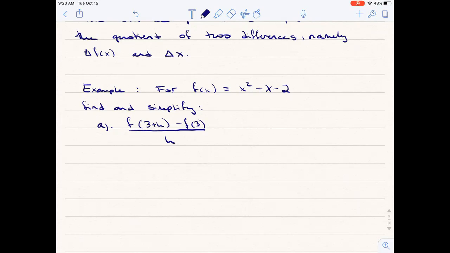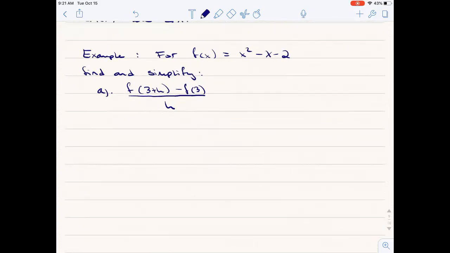So if you have to write f of 3 plus h, what you're going to do is write f, but instead of x, you're going to replace every x with 3 plus h, right? Just the same way that we did with f of 3, right? But you want to really keep your wits about you because things get messy. So I'm going to put f of 3 plus h in big brackets.